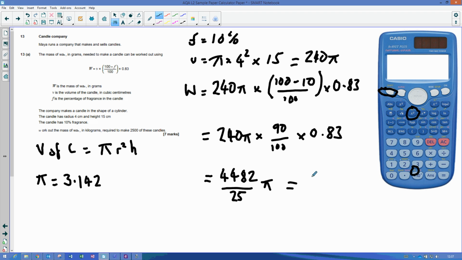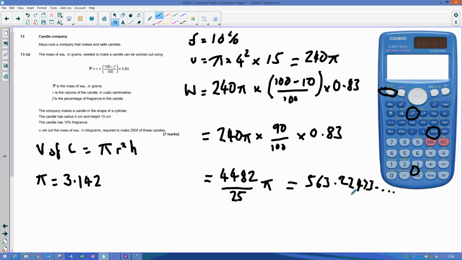It'll give you an answer of 563.22473, and it keeps going on and on and on. And I got this to turn into this just by pressing the SD button, which converts things on a calculator. But actually, like with this 240 pi, this is easier to write and more accurate. So I would leave my answer in this form for the moment, because I haven't finished yet.